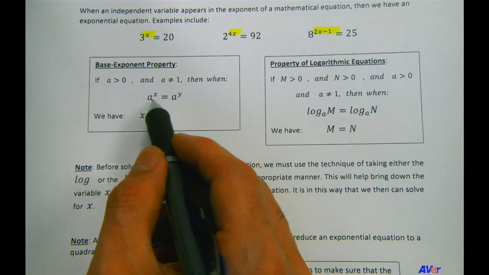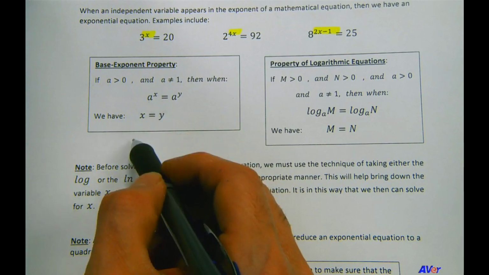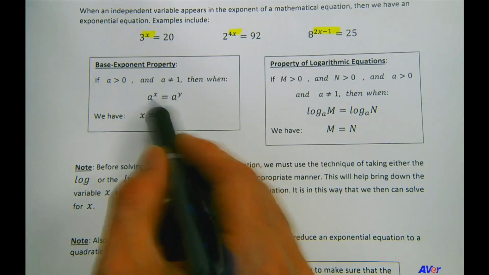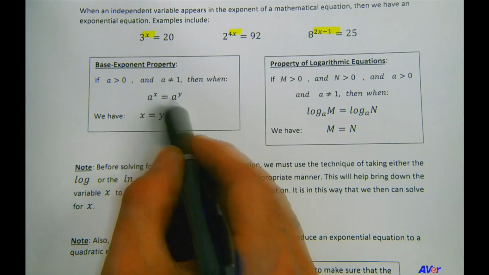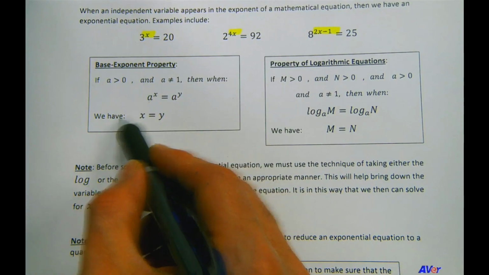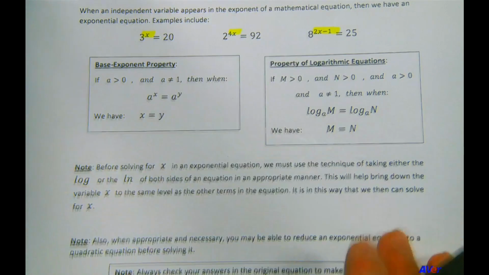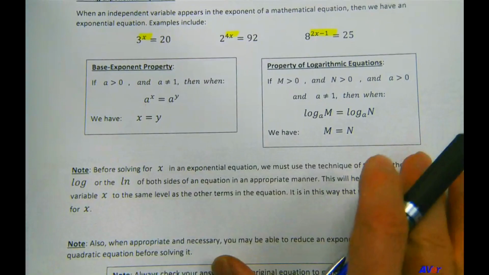That's when we did that. So we have already applied this one, which says if these two sides are to be equal and the bases are already equal, then we must have the powers also equal to each other. Okay, so we've already used that technique.